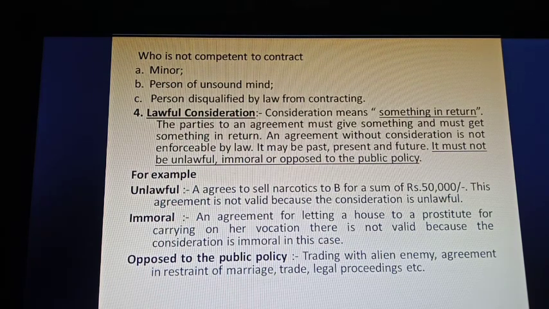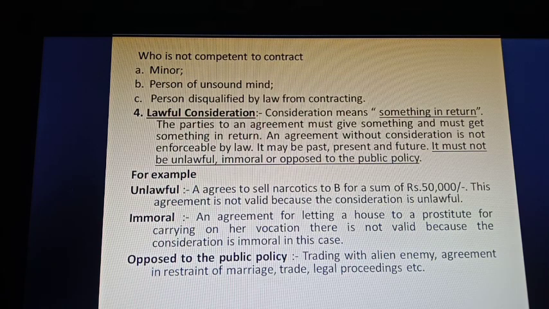The parties to an agreement must give something and must get something in return. Both the parties to the agreement must give something to the other party and must get something in return from the other party, because an agreement which is without any consideration is not enforceable by law.